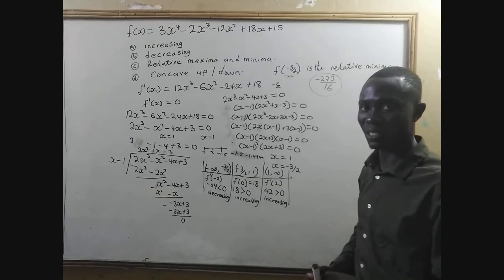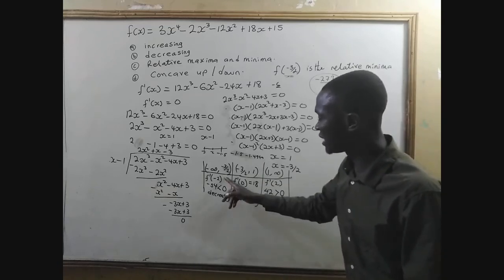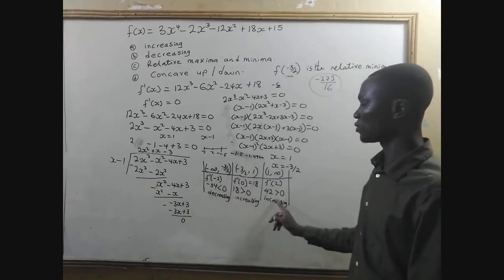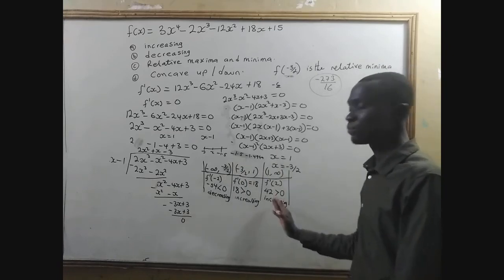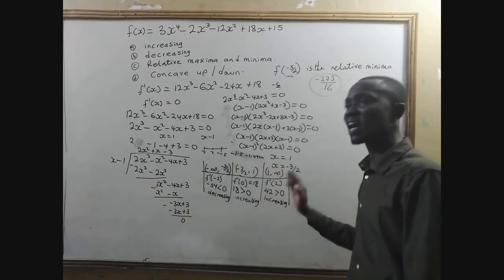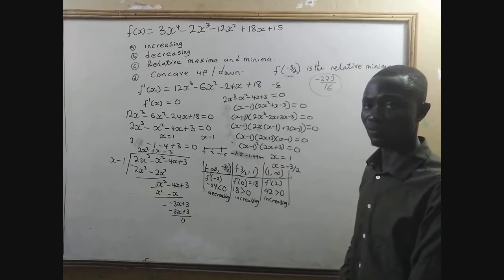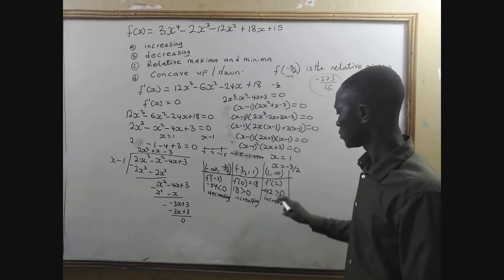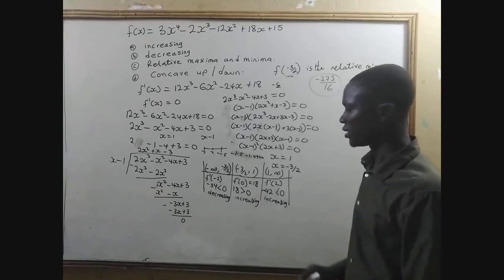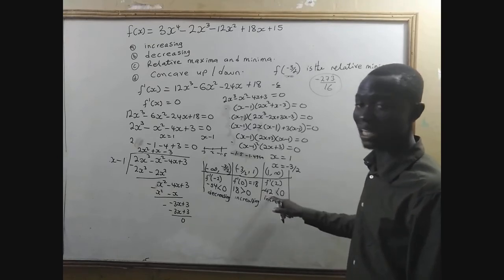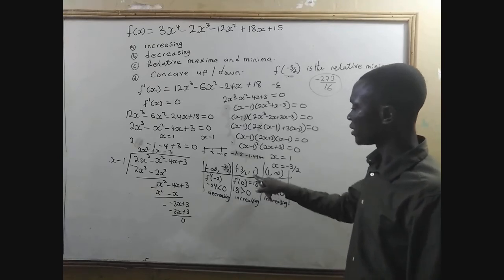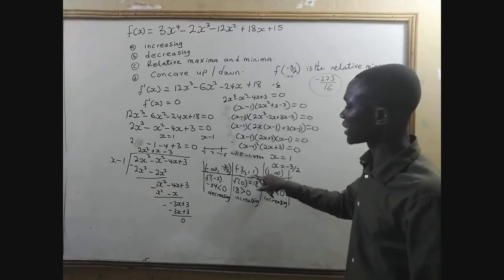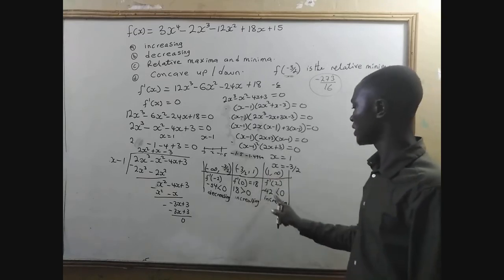Let me repeat this important point again. Here the function changes from negative to positive. Here from positive we are still on positive. If it had changed from positive to negative, then we would have a relative maxima point. For instance, if we had here, let's say, negative 42, which is less than 0, then we would have said that this positive 1 is the relative maxima point, because at this point the function would change back to negative.